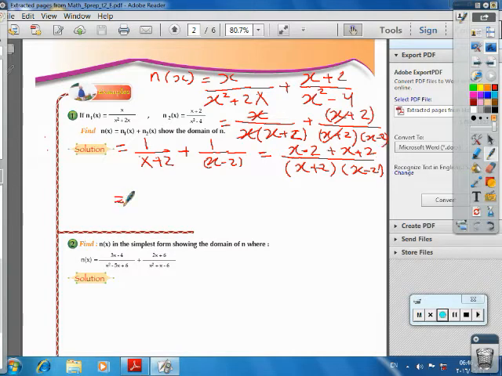We can collect x and collect the constants. x plus x equals 2x, negative 2 with plus 2 equals 0, over (x + 2)(x − 2).